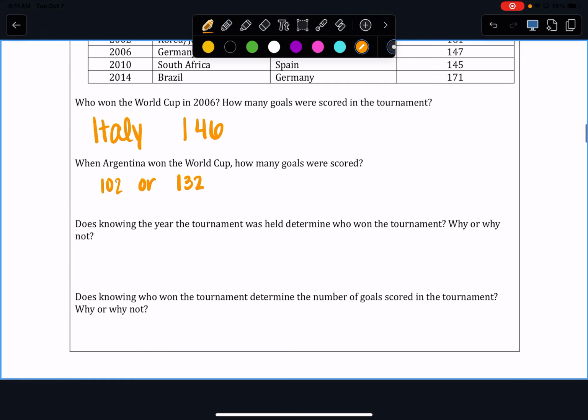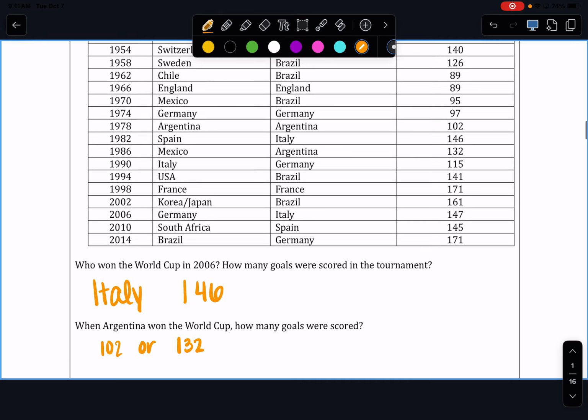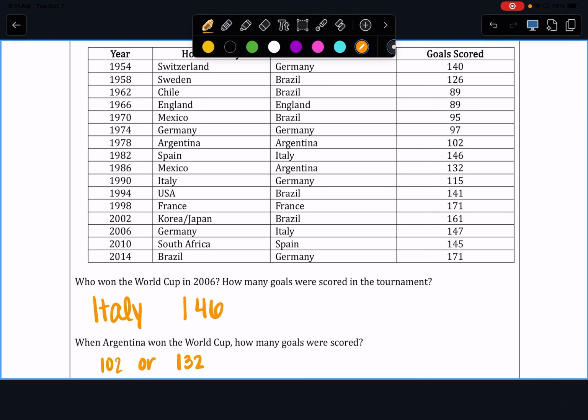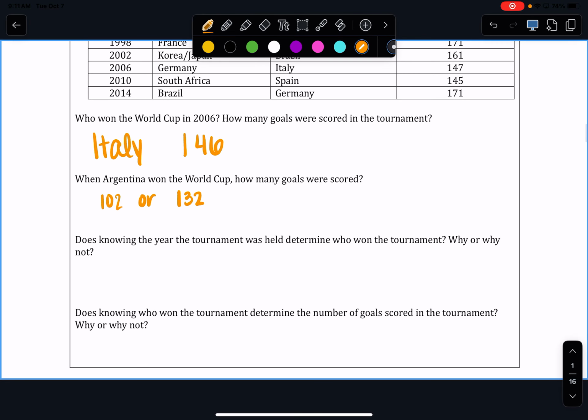All right. So, does knowing the year the tournament was held determine who won the tournament? If I ask who won in 2010, could you tell me? If I ask you who won in 1954, could you tell me? If I asked who won in 1982, could you tell me? So, does knowing the year let us know who won?